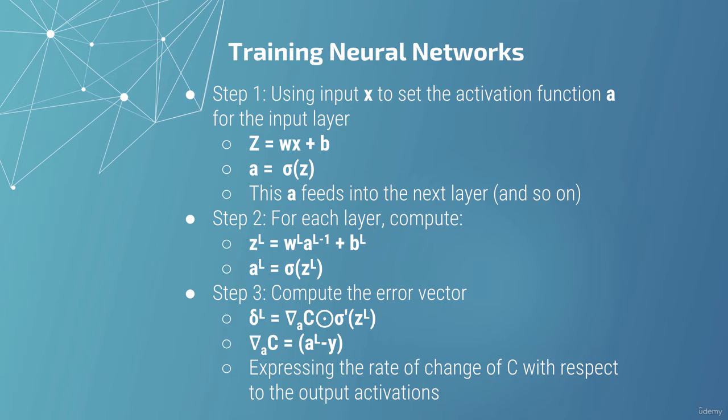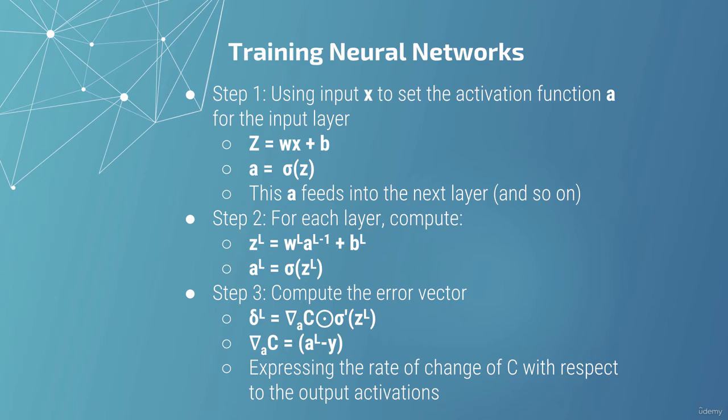Now, this also looks a little complicated, but all it's saying is the rate of change of C with respect to the output activations. So how is the cost function changing? Basically the derivative of the cost function with respect to the activation function, which would be the sigmoid function. That's denoted here. So the vector is represented by an upside down triangle.